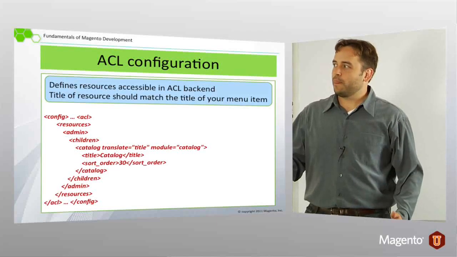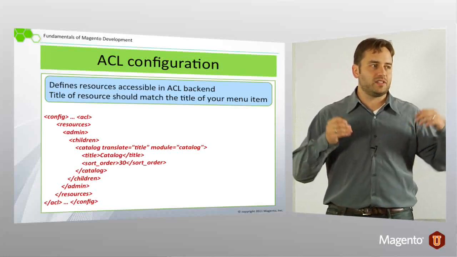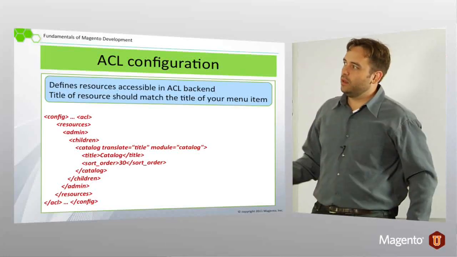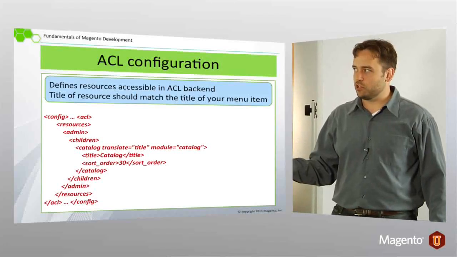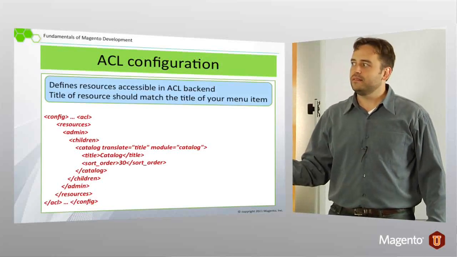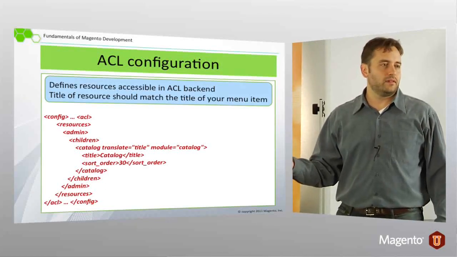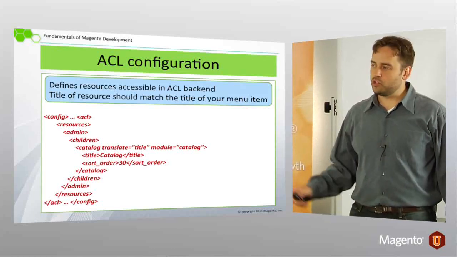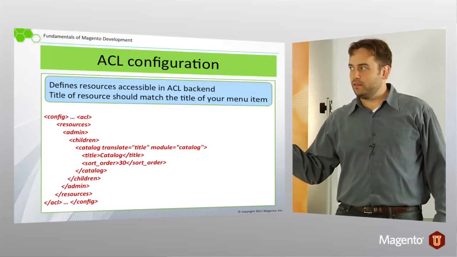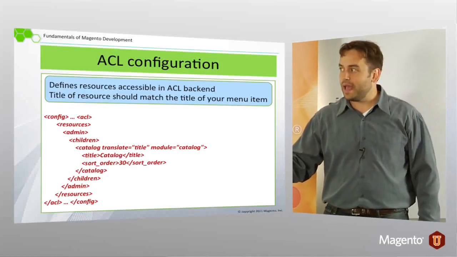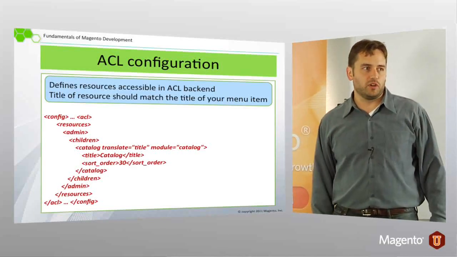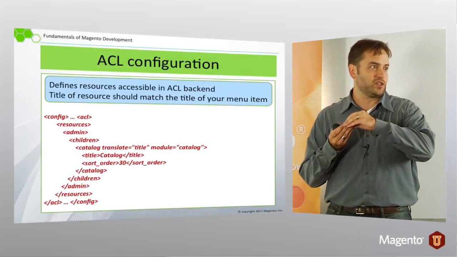So when building that out, if you were adding a top-level menu item, the path for that would be config, ACL, resources, admin, children, and then your node, which should match up with the node, should have the same value, or the node name should be the same as what was configured under menu. That's where the connection happens.